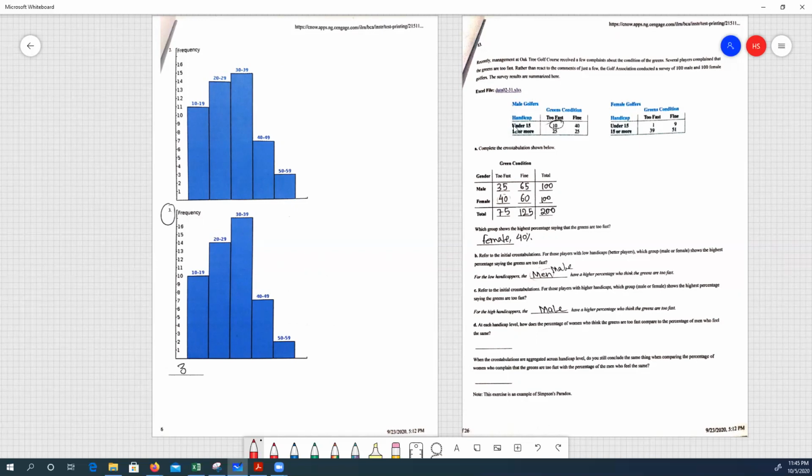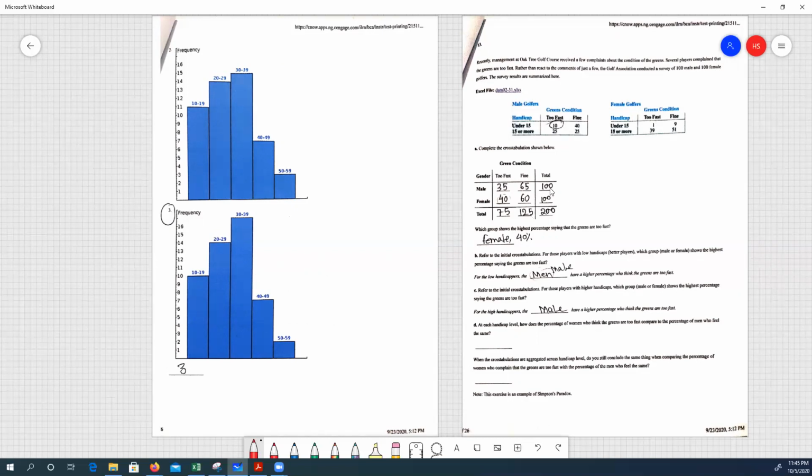That means there are 10 golfers who are under 15 and too fast, and there are 14 golfers who are under 15 and they are just fine. And the 15 or more golfers who say too fast is 25, and they're just fine, so they're 25. So this is the information.